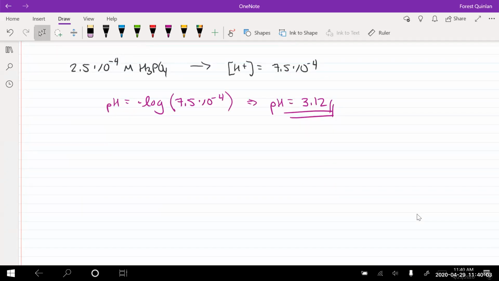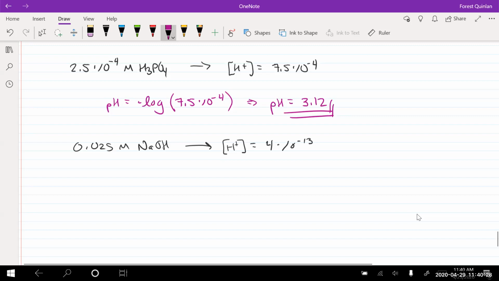Let's do those basic ones, okay? So that 0.025 molar NaOH, you told me that the concentration of H plus was 4 times 10 to the negative 13. pH equals negative log of 4 times 10 to the negative 13.